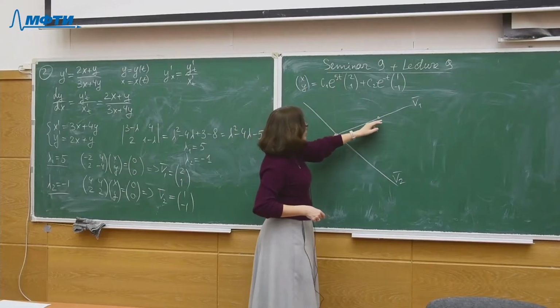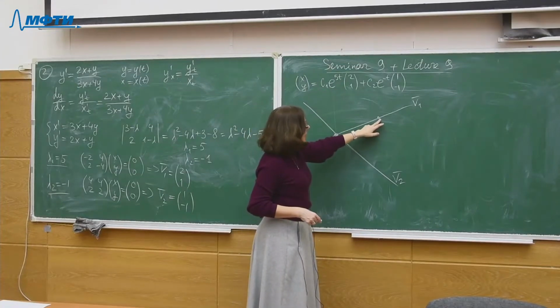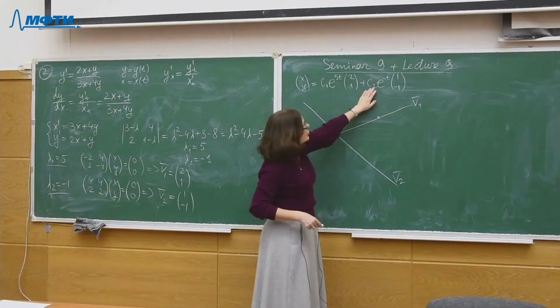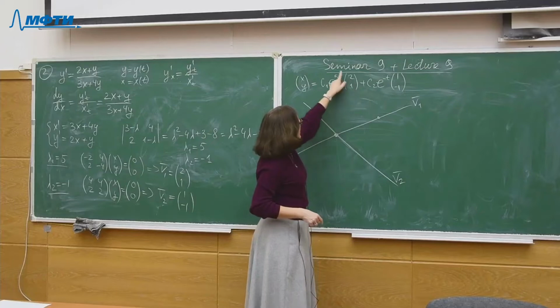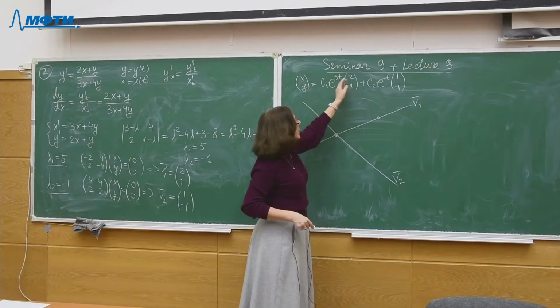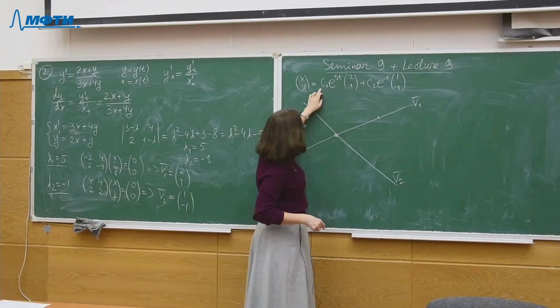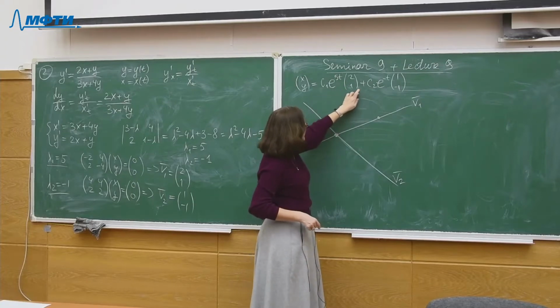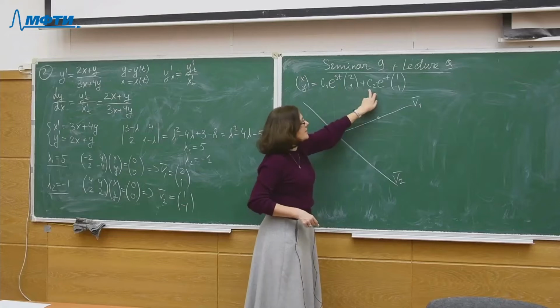So first of all, if we start with a point on the line through V1, then c2 is 0, and we will remain on this line, right? Because the solution will be given by just the first component. This will be 0.